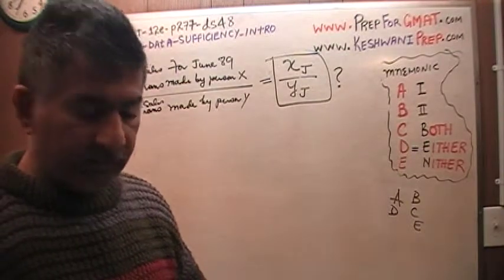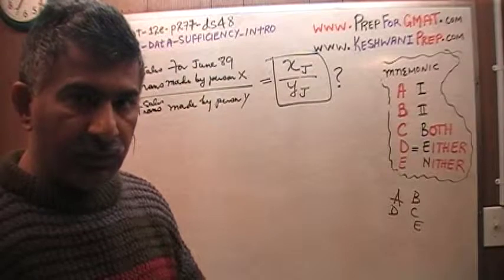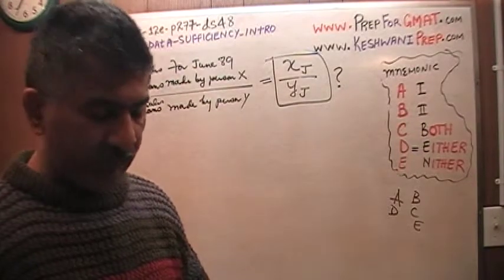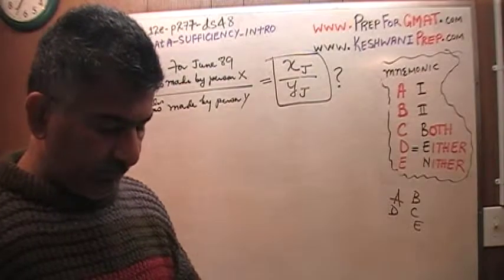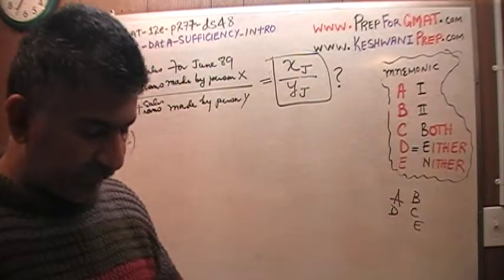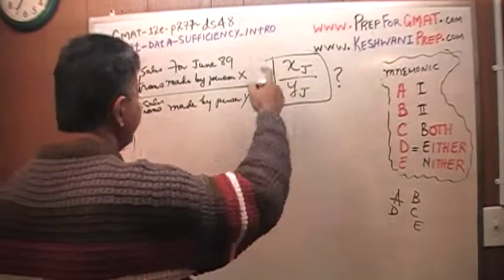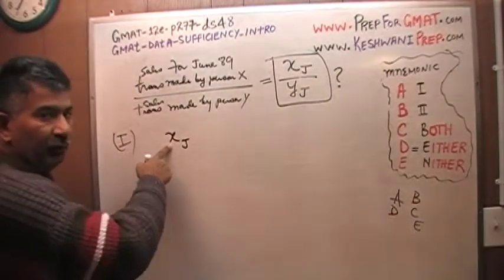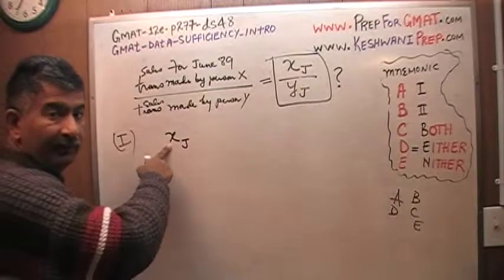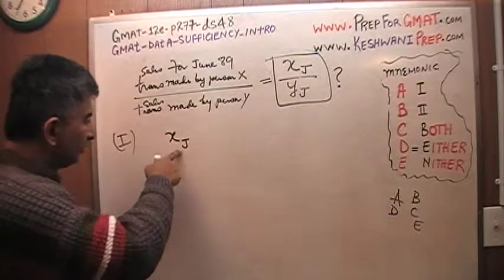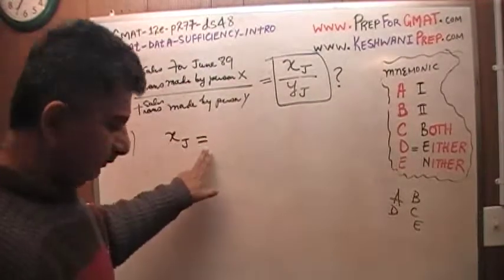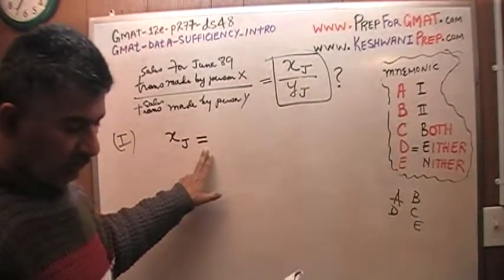No longer are they comparing June transactions of person X to June transactions of person Y, but in the first statement they tell us the number of sales transactions made by person X in June of 89, which is what we're calling small x in June. We're told it is 50% more.